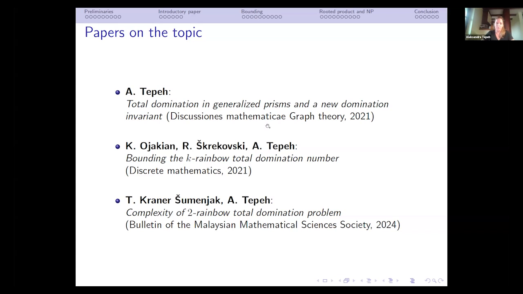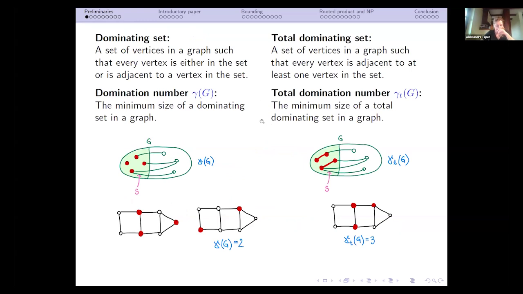So we also explored this new invariant in context of rooted products because we found along the way that this could be useful. I will also mention some other results that were known already before along the way.